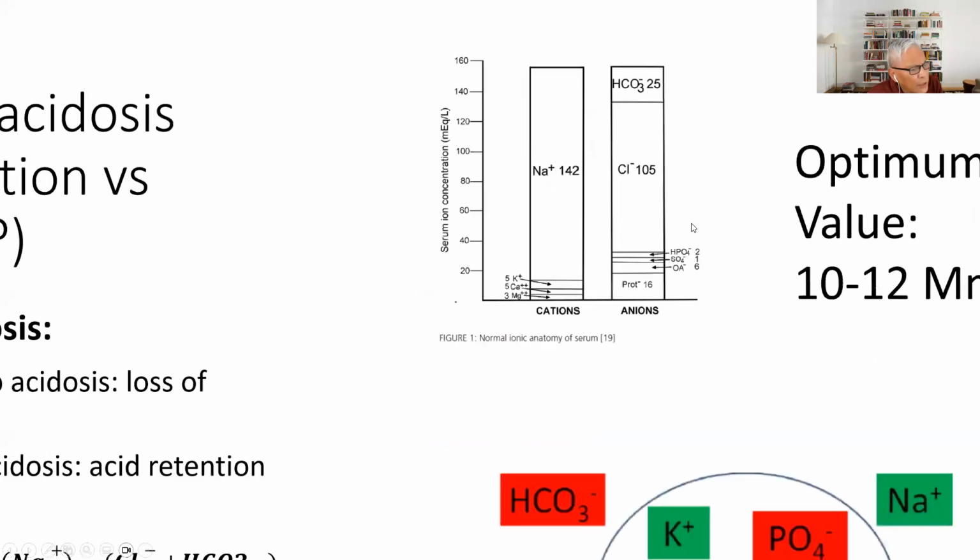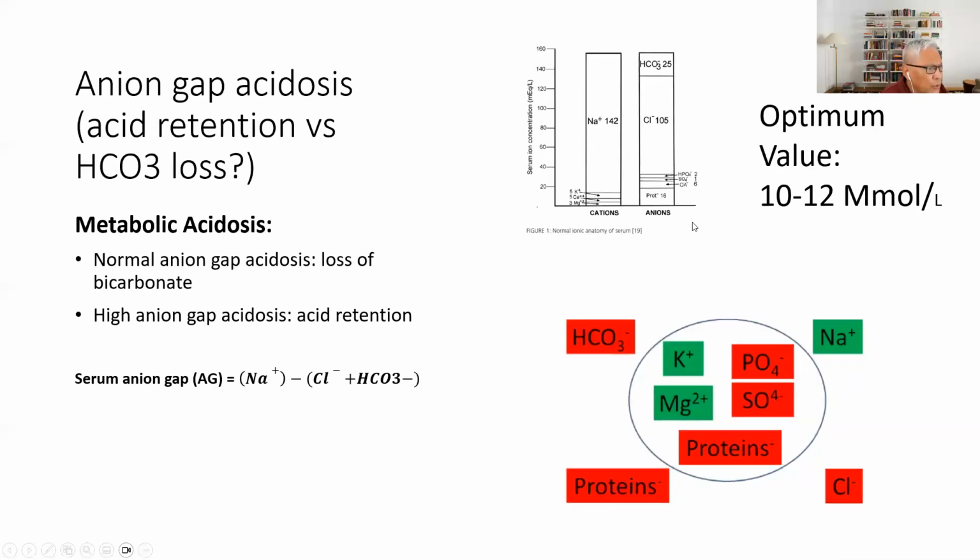But I would like to draw your attention to these things right over here, these things that are not abundant, like potassium, calcium, magnesium, and over here, the hydrogen phosphate, the sulfate, the organic acids, and the proteins.